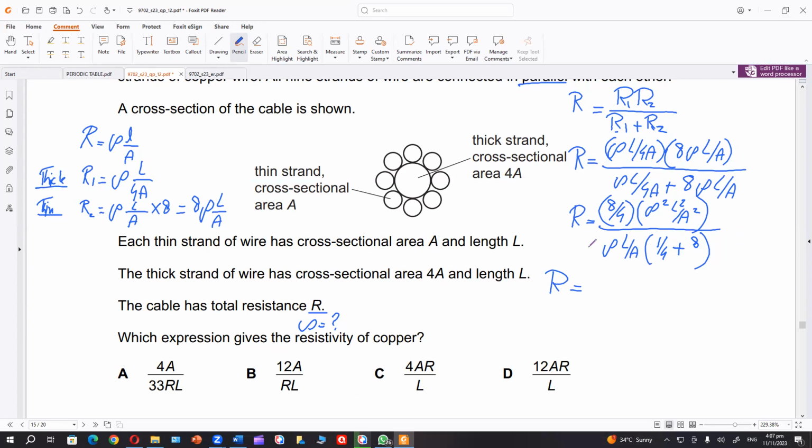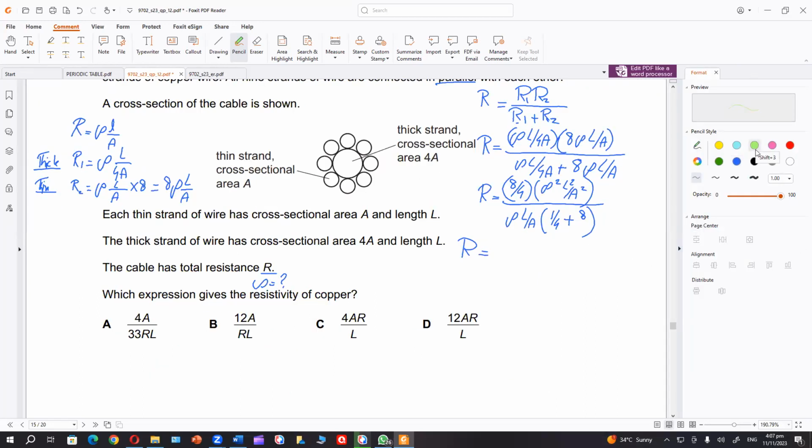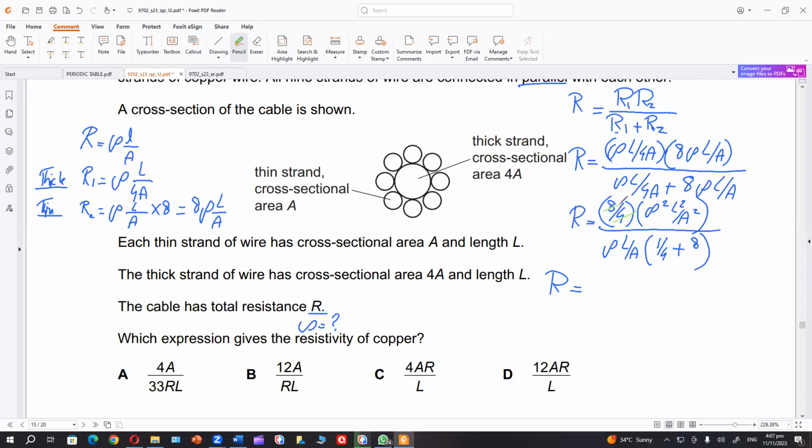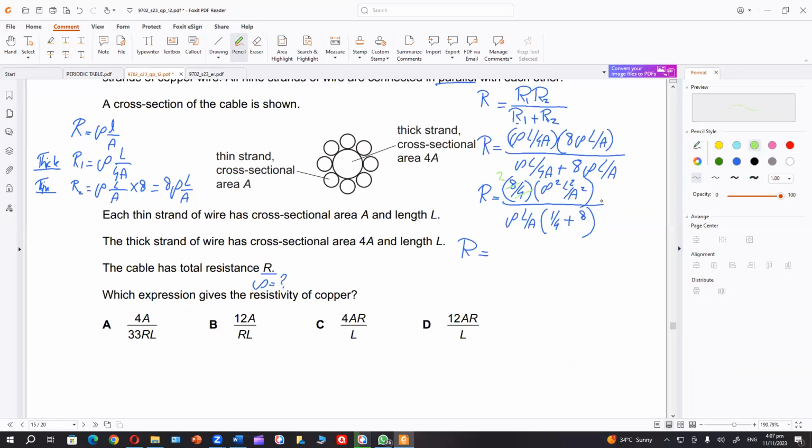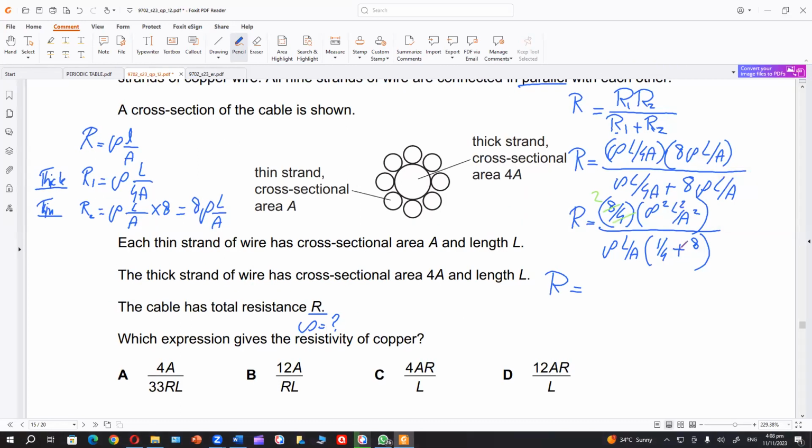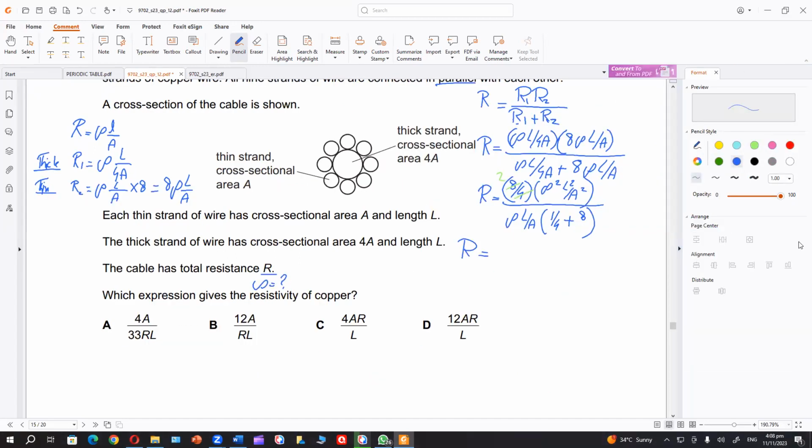Now you have to cancel it. I was thinking I can also cancel rho L upon A. I can cancel 1 rho, 1 L, and 1 of the A. So I made a good cancellation here.